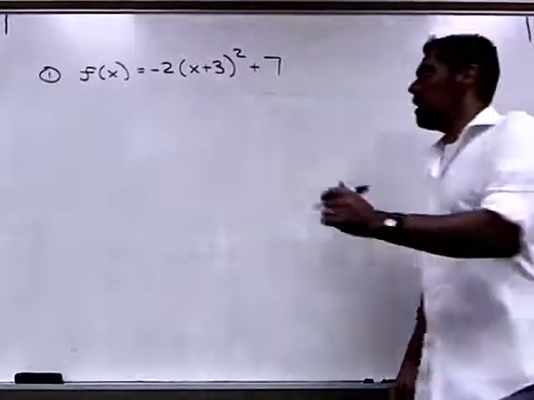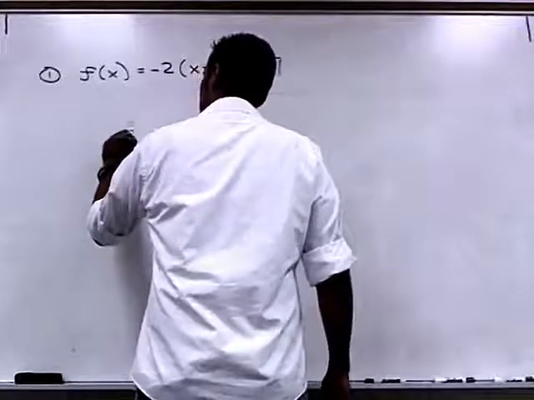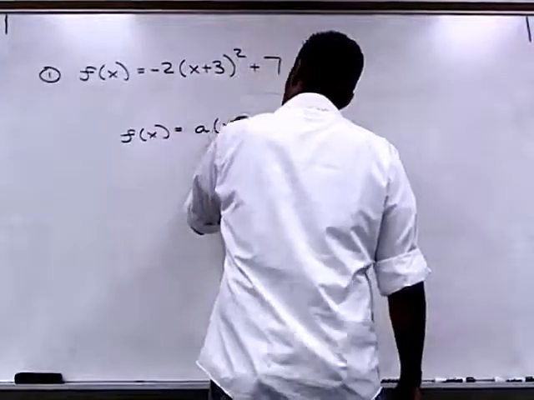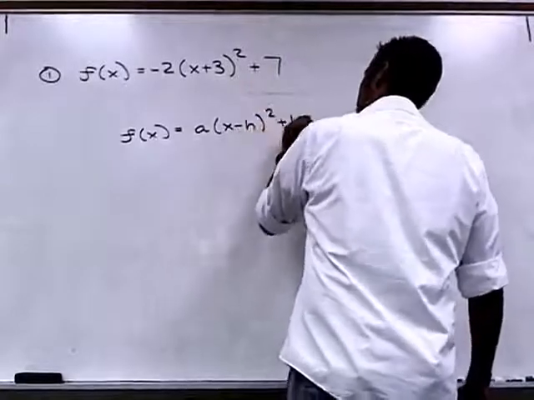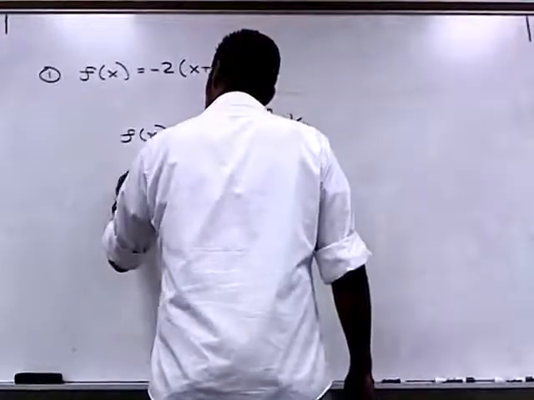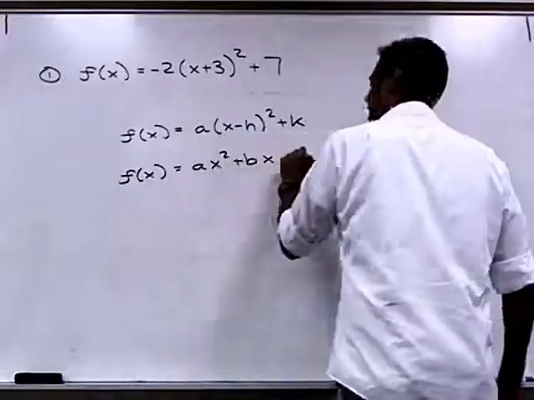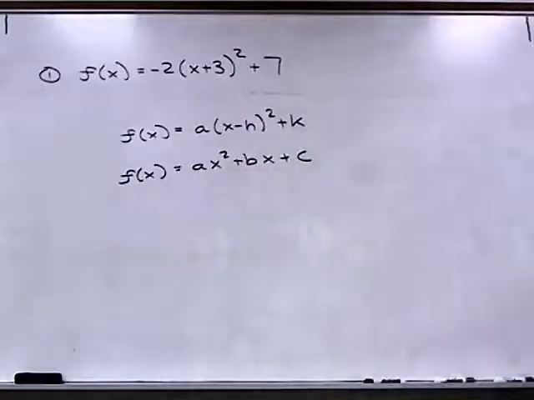Remember the two different formats? It could be f of x equals a (x minus h) squared plus k. The other format that it could have been given to you is ax squared plus bx plus c. I realize it's been a long time, but those are the two things that we have.